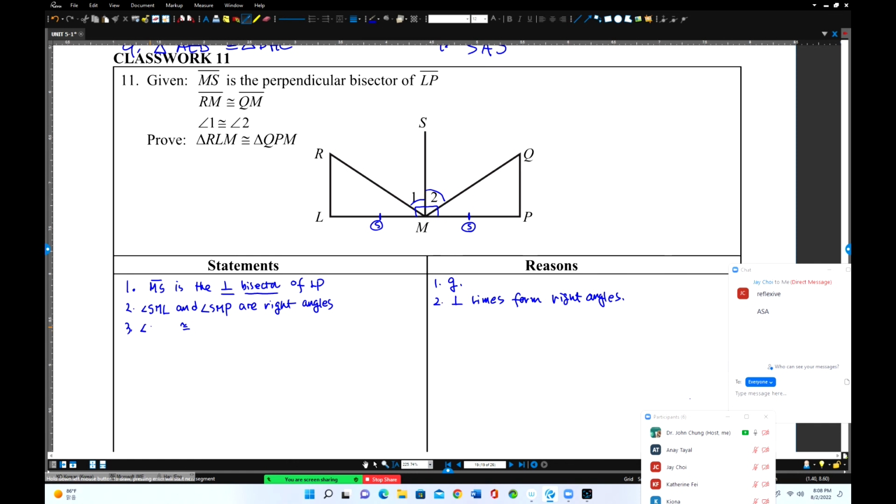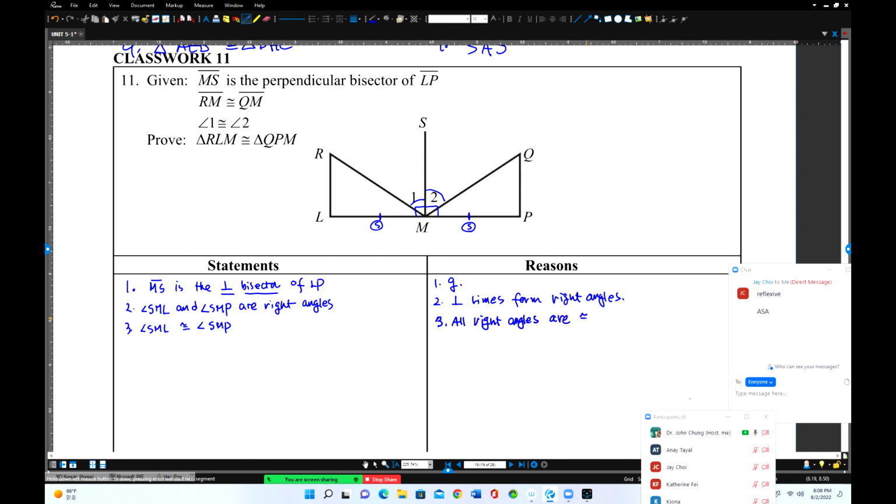So angle SML and angle SMP are congruent. The reason is what? All right angles are congruent.